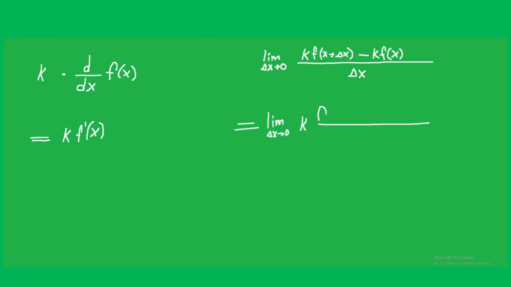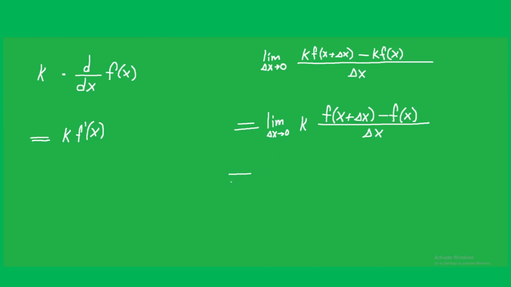All right, so then I'm just going to have what I normally have, f of x plus delta x minus f of x over delta x. And then the next step should be pretty obvious.